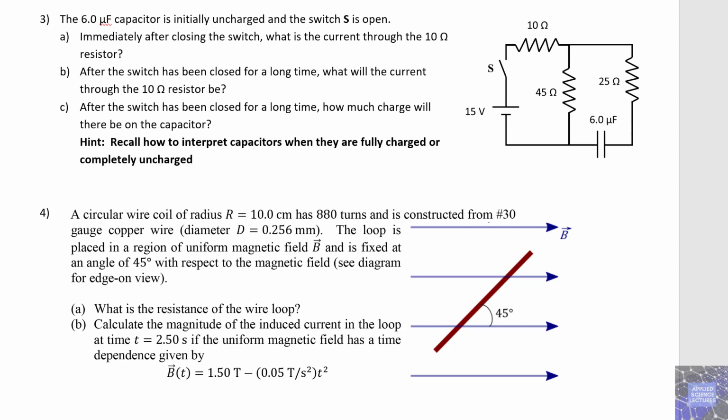This is part A. Part B, after the switch has been closed for a long time, what will the current through the 10 ohm resistor be? Part C, after the switch has been closed for a long time, how much charge will there be on the capacitor?